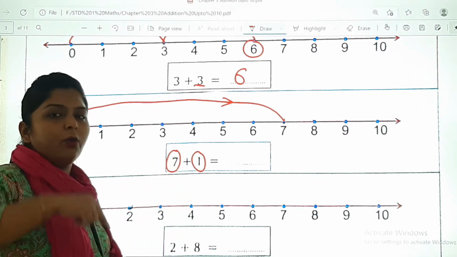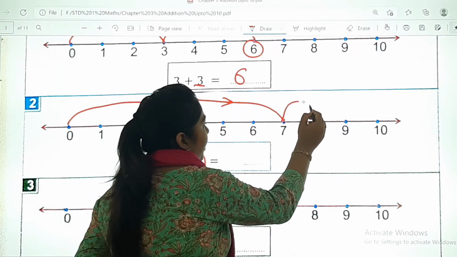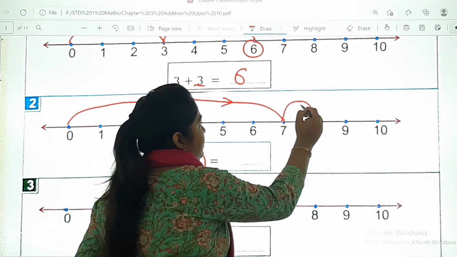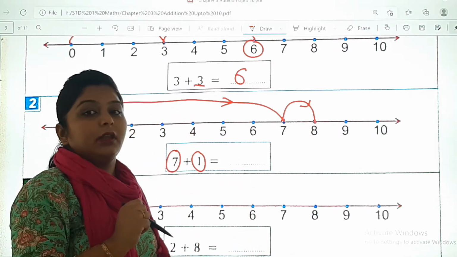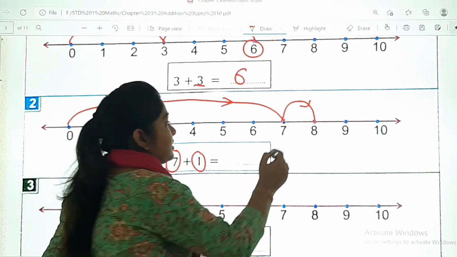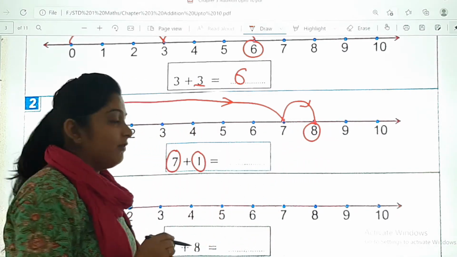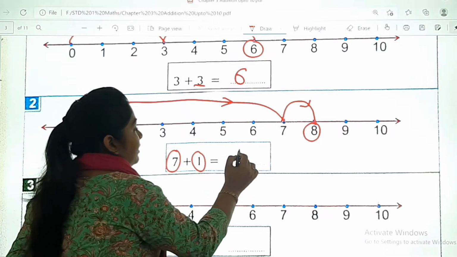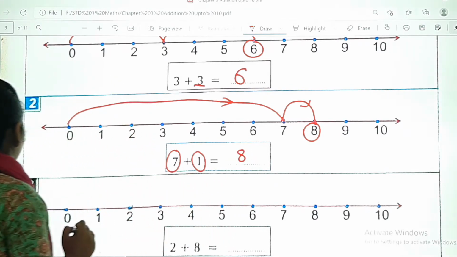So we will make the kangaroo jump only one time. That is on number 8. Okay. Now finally, which place is the kangaroo on? It is on number 8. So your answer will be 7 + 1, that is 8.